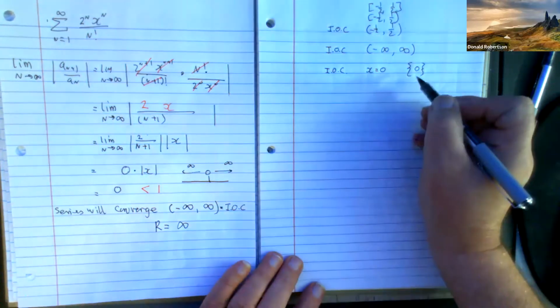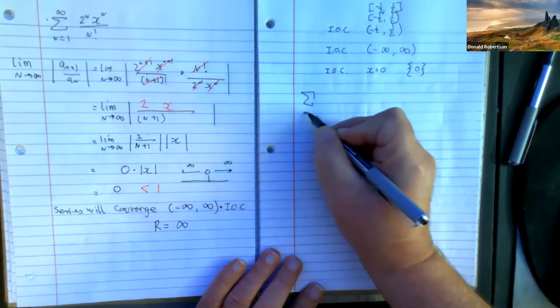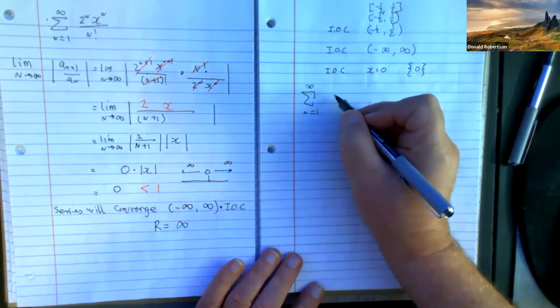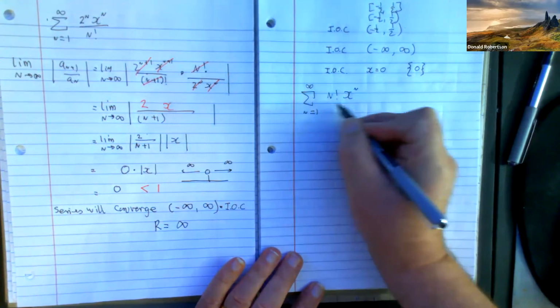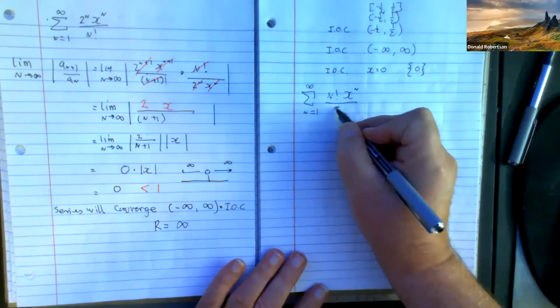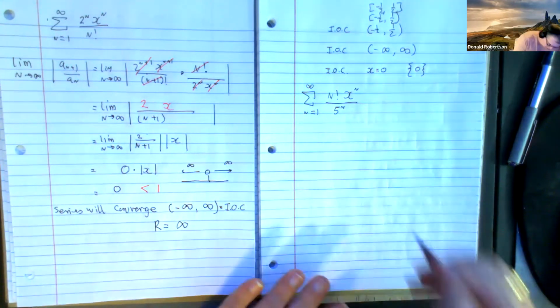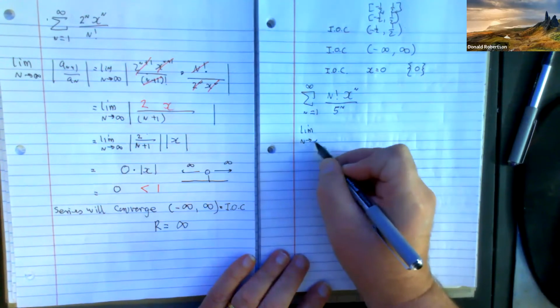So let's show you one where this is the solution. Sigma n equals 1 to infinity of n factorial x to the n over 5 to the n. So we'll do the limit as n tends to infinity.